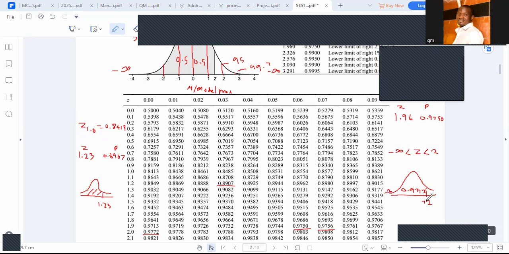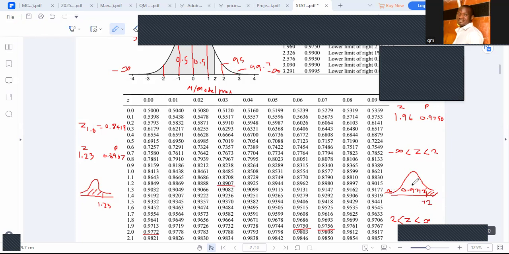What about the area between positive 2 and positive infinity? Who can tell me the area between positive 2 and positive infinity? Looking at this area here, how do we get it?